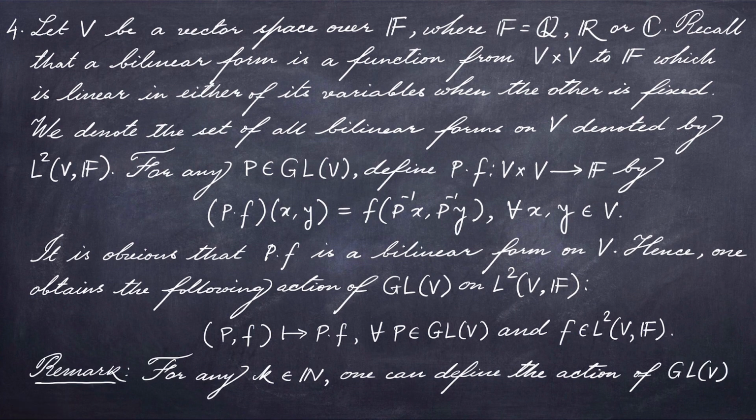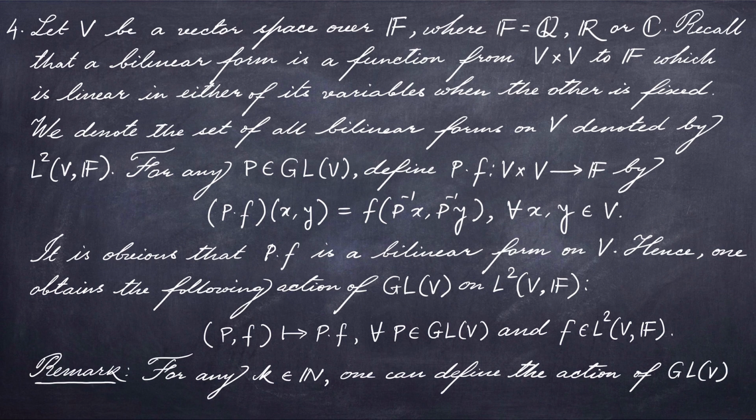Okay, the next example is about the action of the general linear group on the space of all bilinear forms.